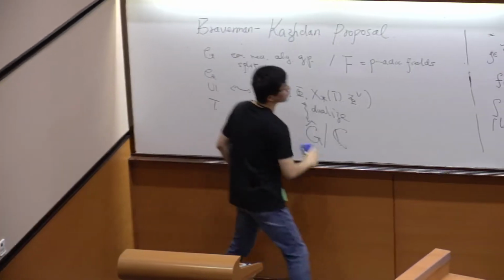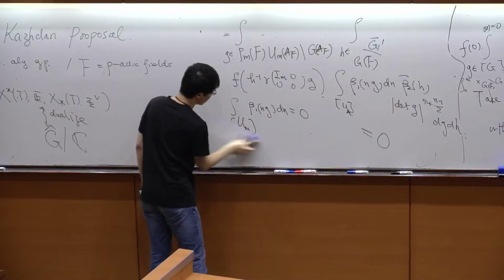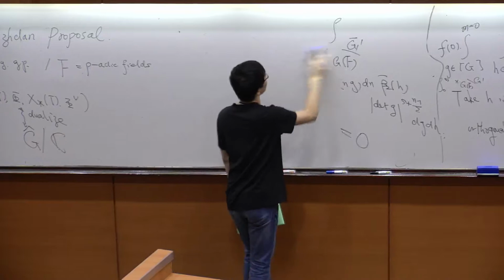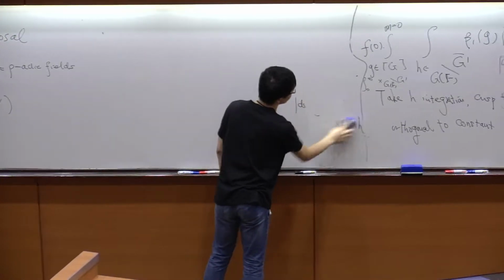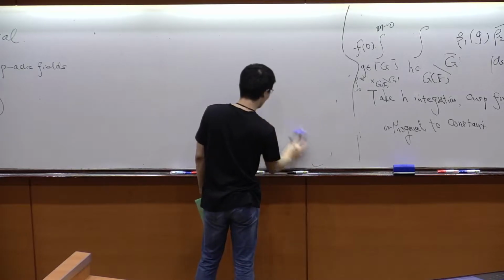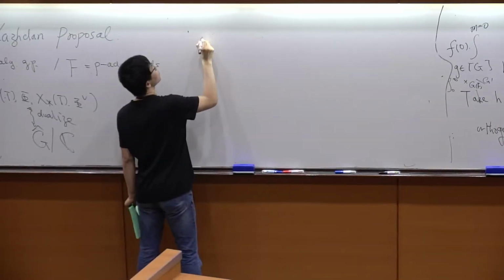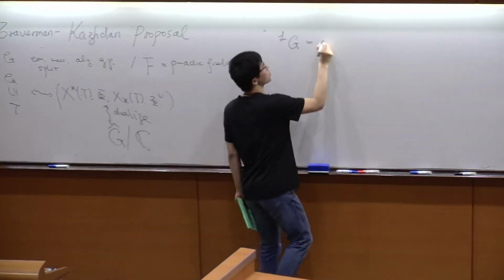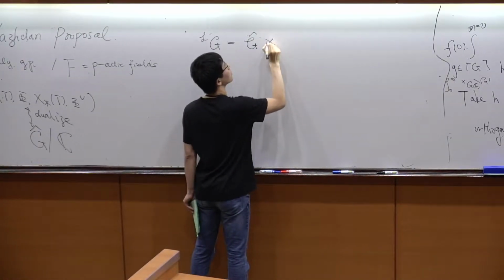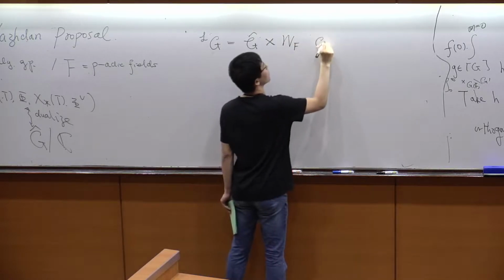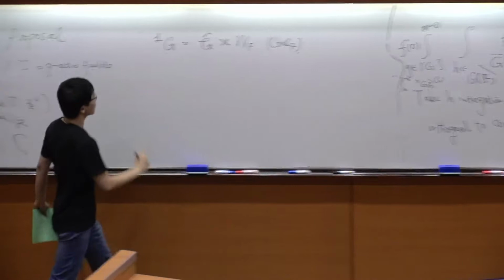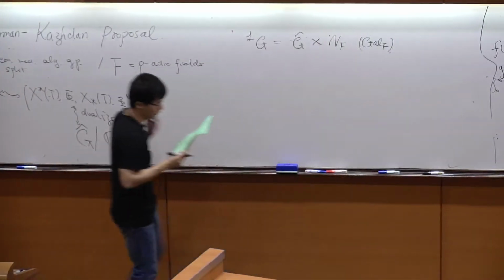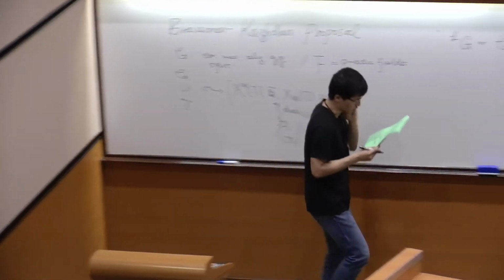Okay. Then we can define the Langlands dual group of G. We let LG be the Langlands dual group of G, which is, since we assume our group G to be split, just G check cross the Weil group of F, or sometimes the Galois group of F. And when we are talking about the functoriality conjecture, usually we ignore the Weil group part.